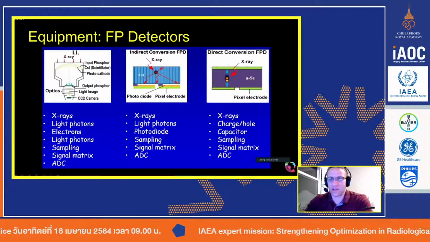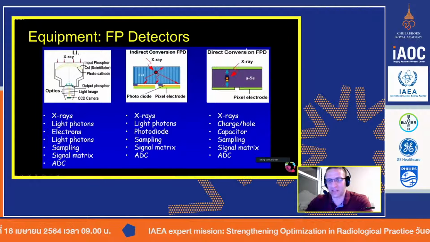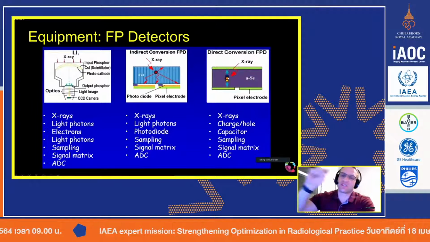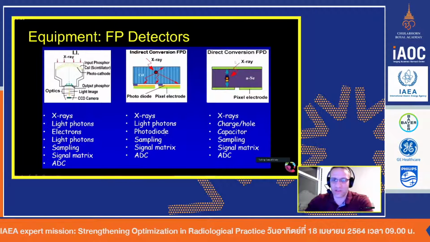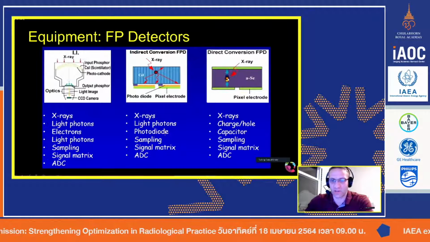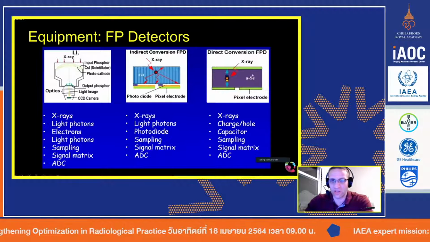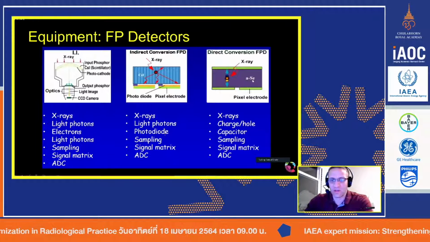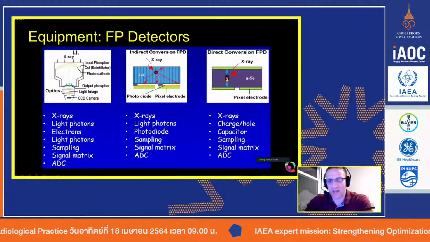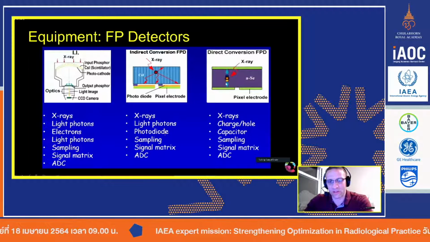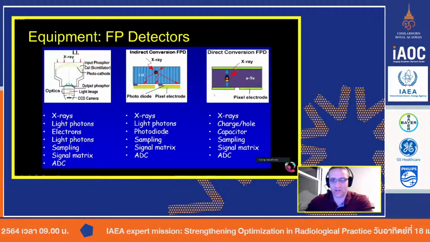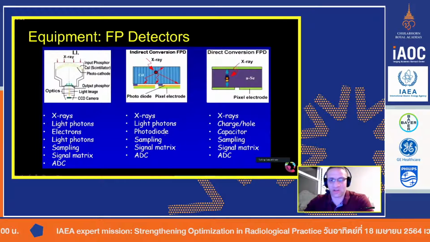The system is a little better in the sense the X-ray comes in and it doesn't get converted to light. It just gets straight turned into signal. The X-ray comes in, it interacts with the structure, the amorphous selenium, and you get an electron that goes to one end, and a lack of electrons will accumulate on the other end, and that creates electricity, creates a charge, and that charge is what we measure out.